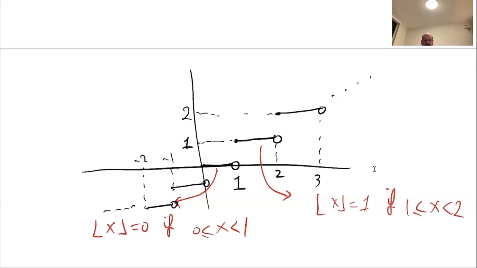Which inputs have output of 0? Only the elements between 0 and 1, right? The first segment here. Elements in this segment have output 0. So that means all the inputs greater than or equal to 0, less than 1.